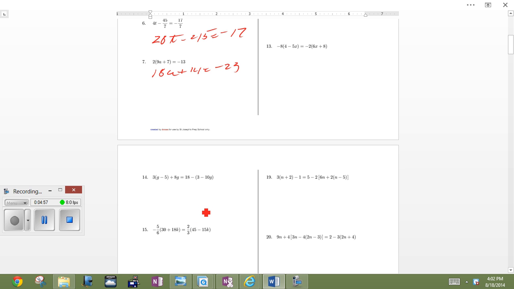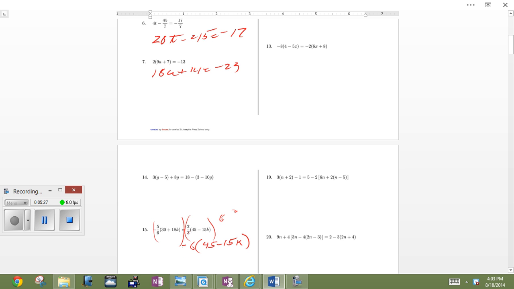Let's see what we do here. Okay, so what I'm going to do with number 15 is choose to multiply both sides by the common denominator, so I don't have to work with the fractions, which in this case is going to be 6. Now when I multiply on this side by 6, the 3 cancels out with the 6, going 2 times. So the 3 times that 2 gives me 6 times this 45 minus 15k.